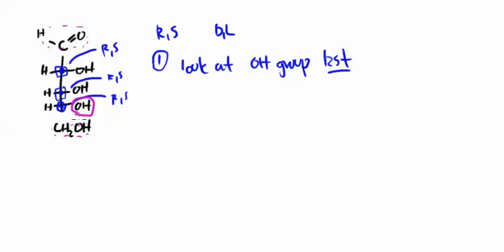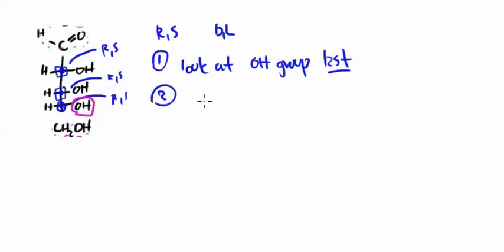You look at the OH groups on the backbone that go in the horizontal position, left and right. This OH group is to the right, and just like before, that means this is an R sugar, or a D sugar. So number one, you look at the OH group that's last.